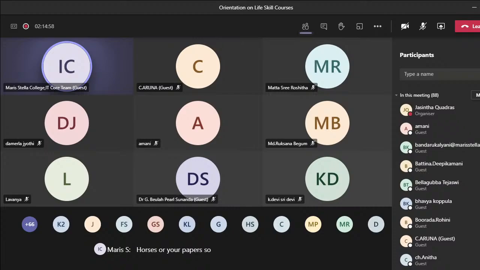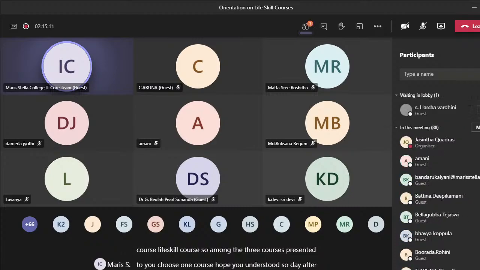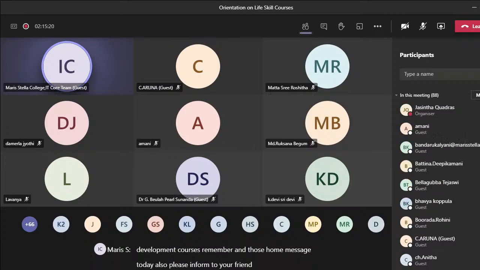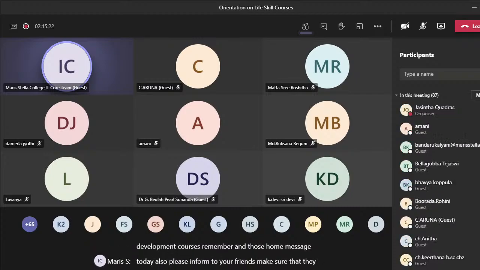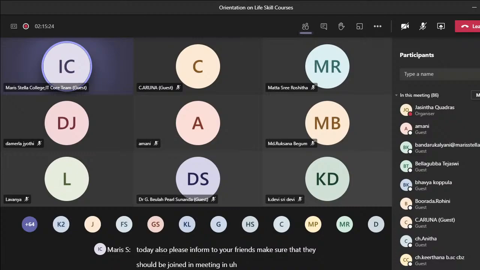It's compulsory to choose one life skill course. Among the 3 courses presented to you, choose one course. Hope you understood. Day after tomorrow, you need to join one more orientation on skill development courses. Remember, and those who missed it today, please inform your friends. Make sure that they join Wednesday's meeting.